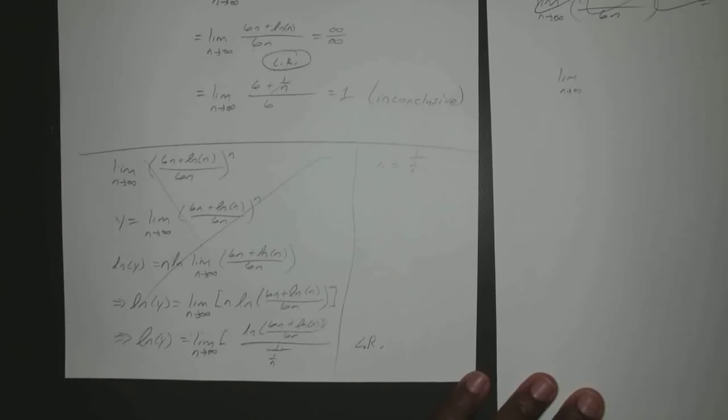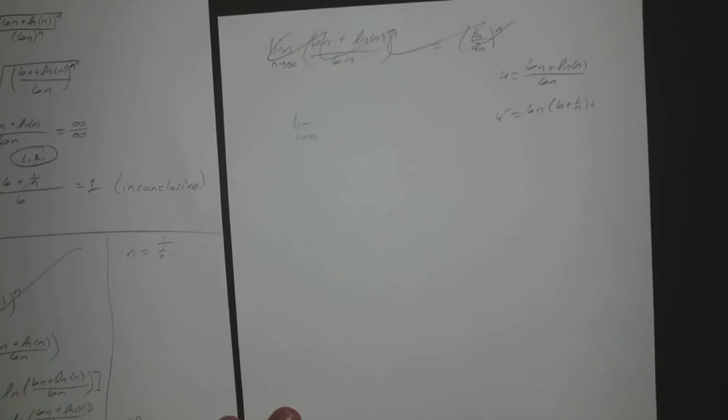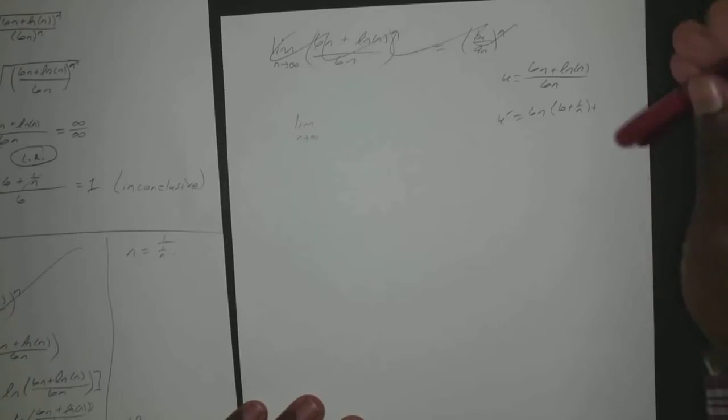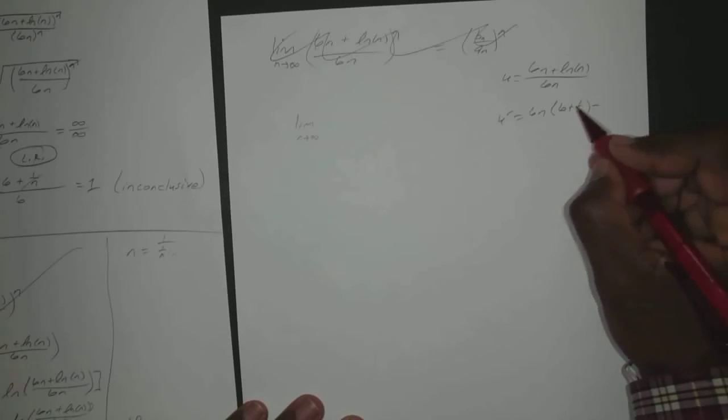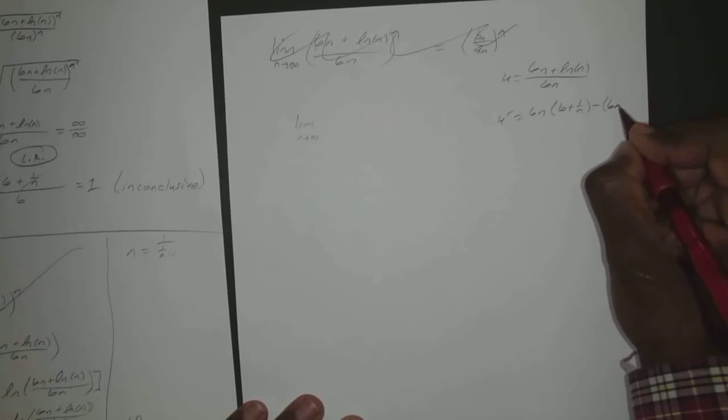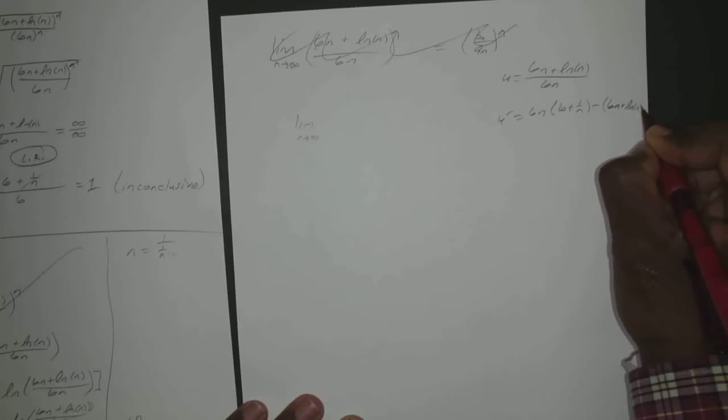Let's say u is equal to 6n plus natural log of n over 6n, then u prime is the denominator times the derivative of the numerator, minus the numerator times the derivative of the denominator, so that's 6n plus natural log of n.